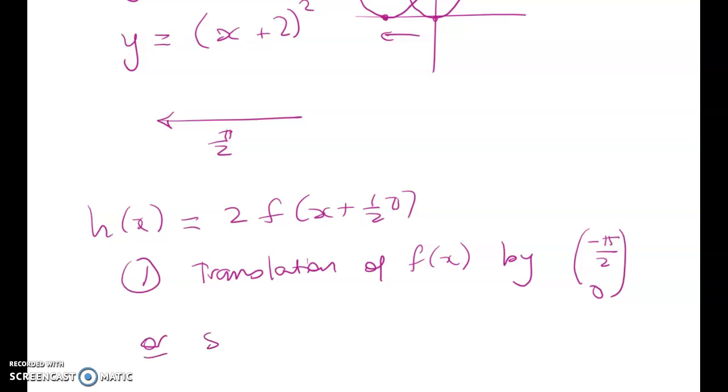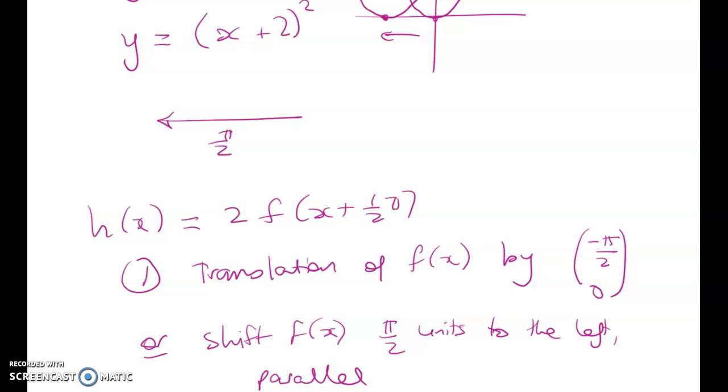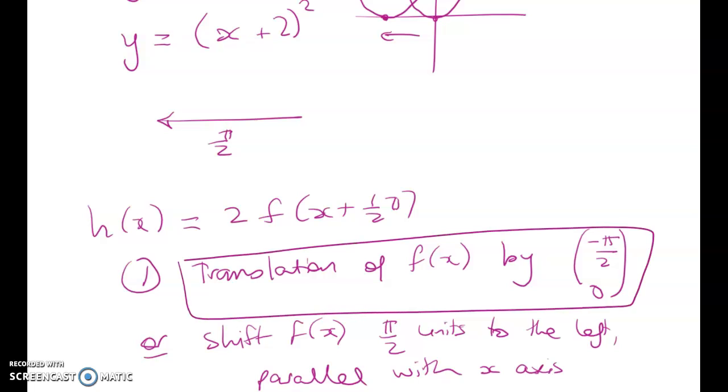Or we could say that we have shifted f of x pi on 2 units to the left. But we have to say which way we've shifted it, so we want to say something like parallel to the x-axis. But again, I think it's easiest to use this language here, that we talk about a translation and then we give the translation vector. So that's the x direction of the vector and that's the y direction.